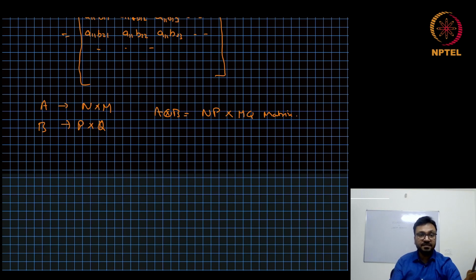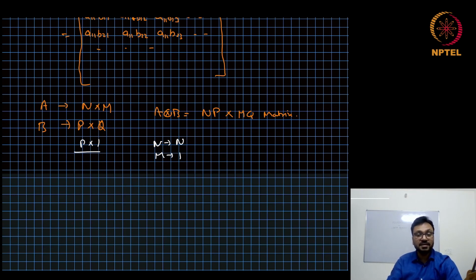For example, if A is a one-dimensional vector, so m equals 1, it's an n by 1 matrix, and B is also a p by 1 matrix. Then A tensor B will also be a vector, and the dimension of it will be np by 1.